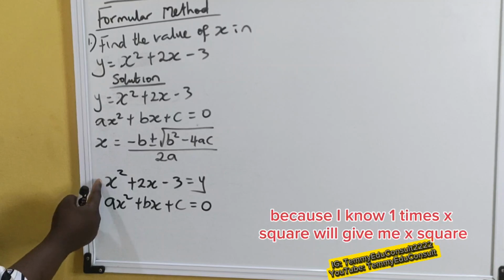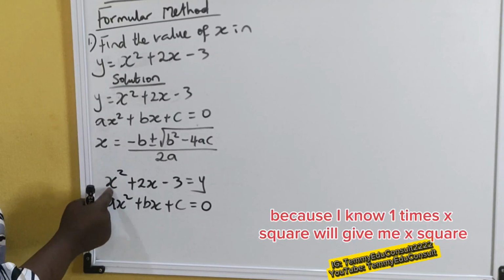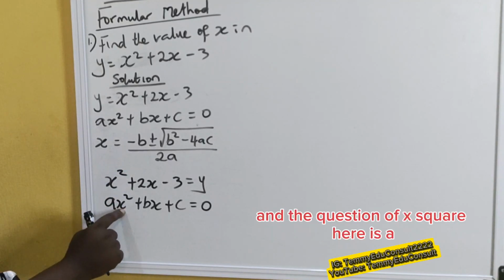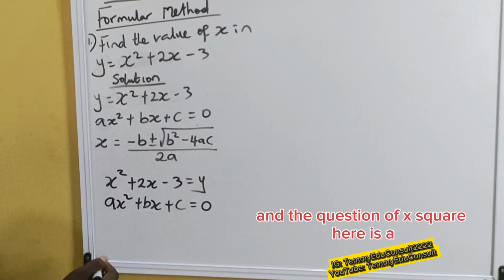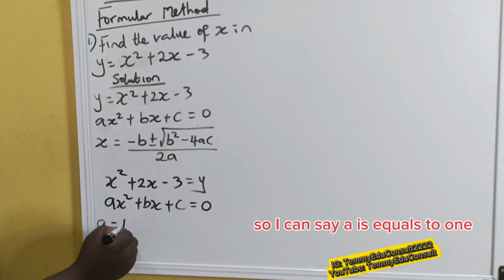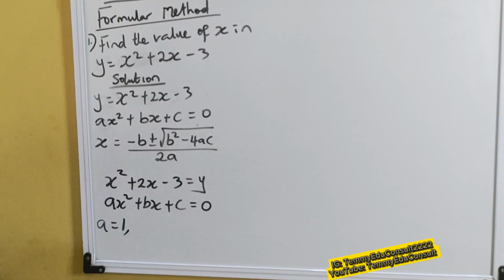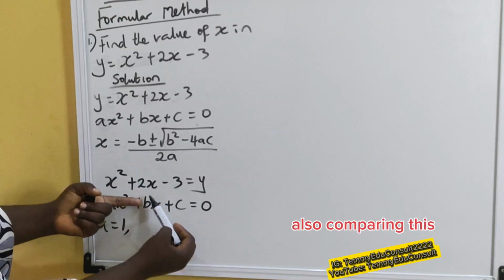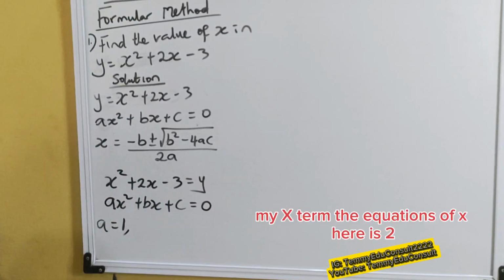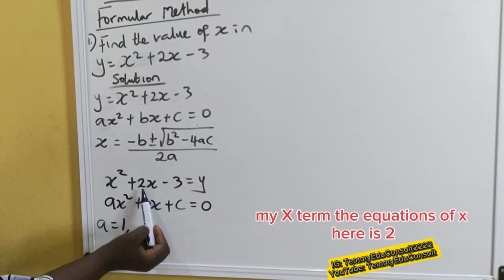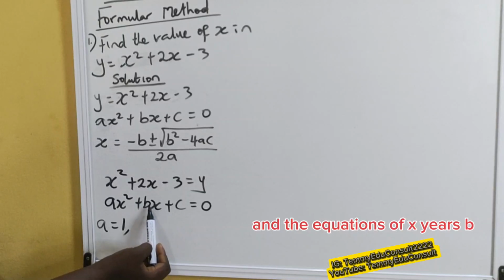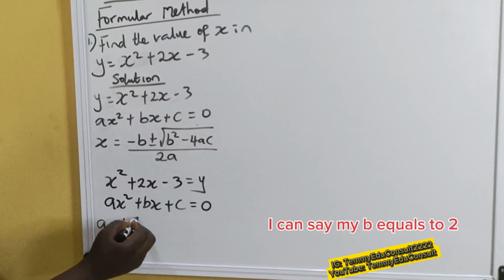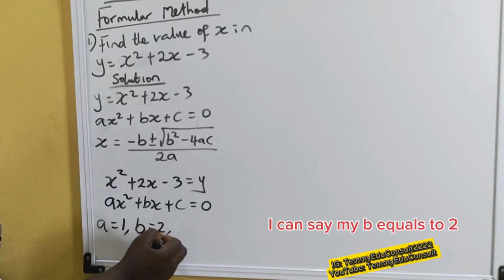It is not shown because I know 1 times x squared will give me x squared. And the coefficient of x squared here is a. So I can say a is equals to 1. Also comparing this, my x term, the coefficient of x here is 2 and the coefficient of x here is b. I can say my b equals to 2.